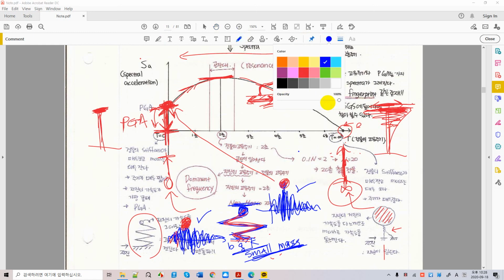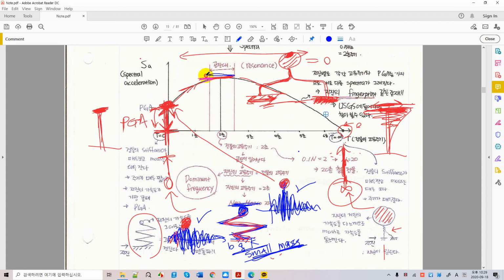Okay, got it. So this is the maximum acceleration that you can feel in the building after it goes up and goes down. What do you call this region?